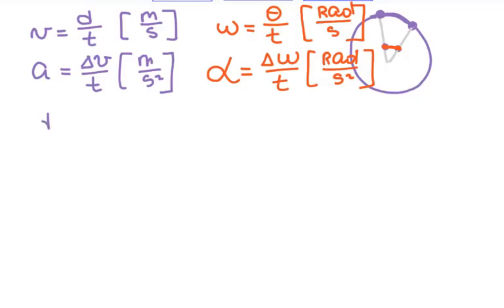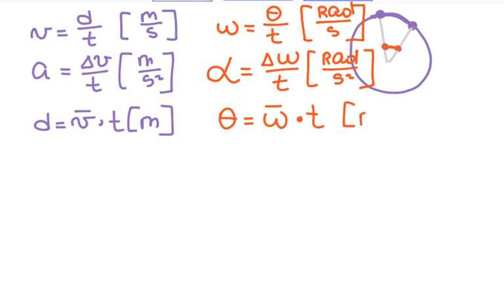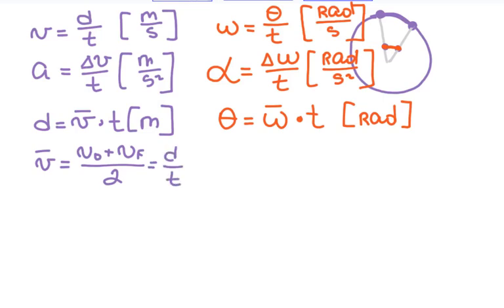Just as before, the distance is equal to average velocity times the time, measured in meters. The distance in this case is going to be the angle, and angle is equal to average angular velocity times the time, measured in radians. Before we had average velocity equal to initial velocity plus final velocity divided by 2, or distance over time.